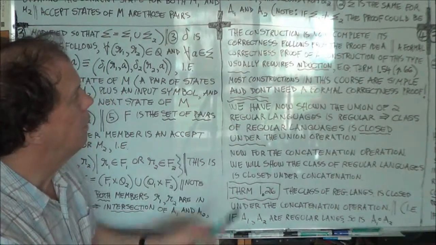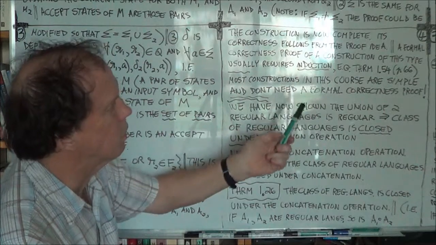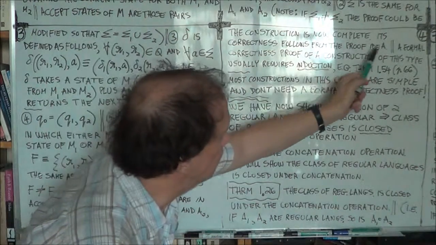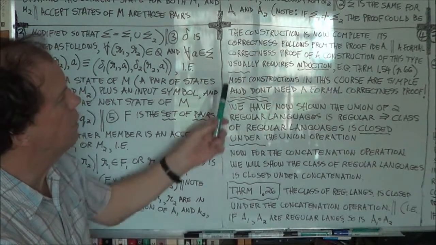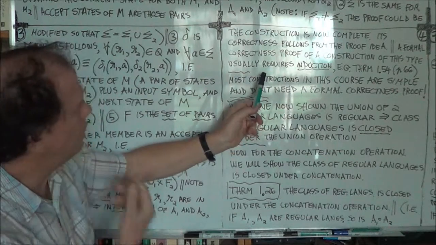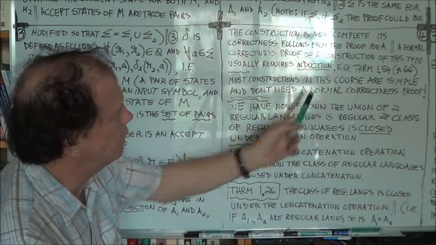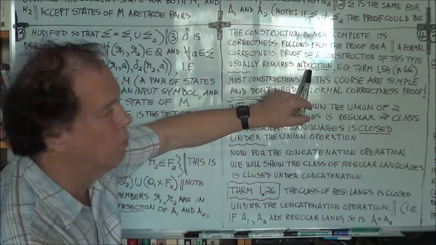Okay, so the correctness, that it makes sense, that it works, follows from the thinking in the proof idea. Right? Now, if you wanted a formal proof of the correctness, usually that involves an inductive type proof, and we won't do that for quite a while.